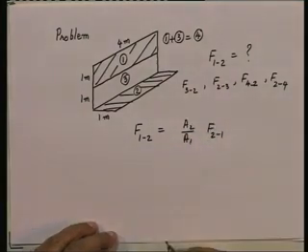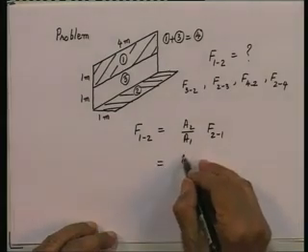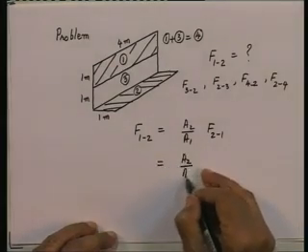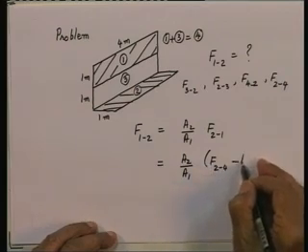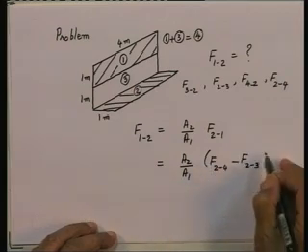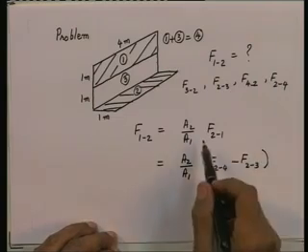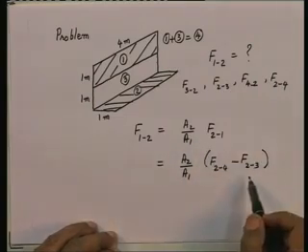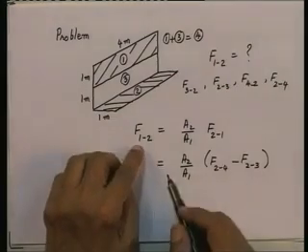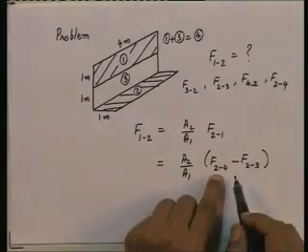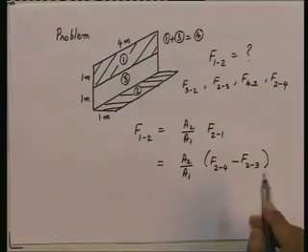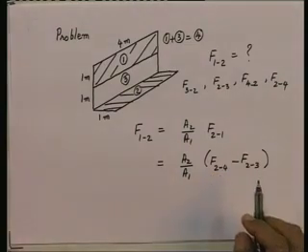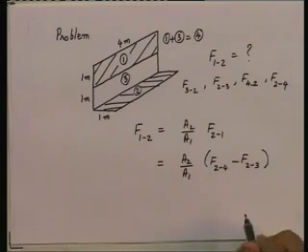Here is my reciprocal relation, which from the additive relation is nothing but A2 by A1 times F2 to 4 minus F2 to 3. So, I use first the reciprocal relation, then the additive relation, and when I do that, I have expressed F1 to 2 in terms of F2 to 4 and F2 to 3, which I can now read off from the graphs, which have been calculated earlier, which I showed to you.